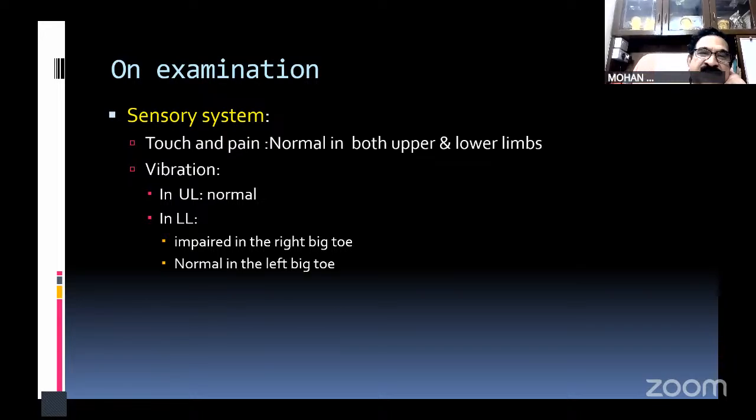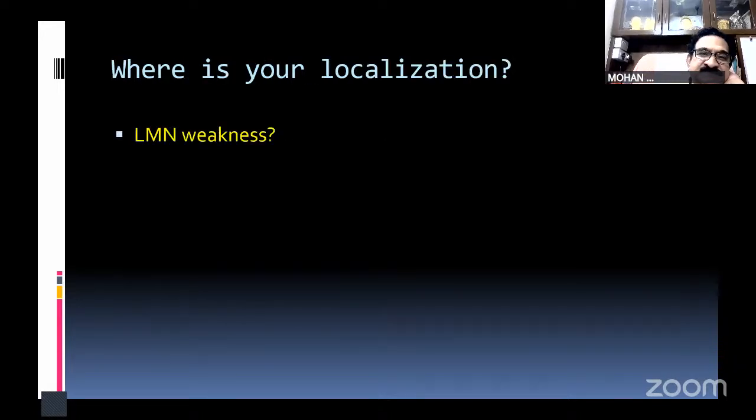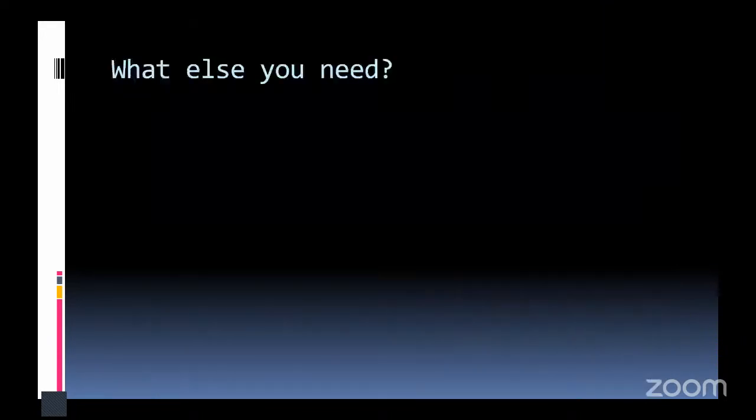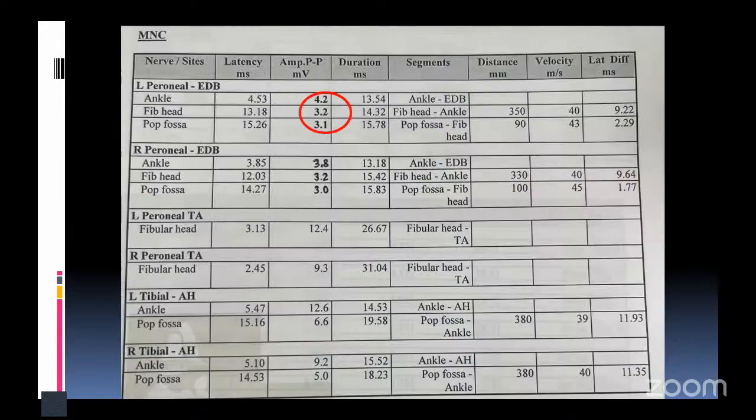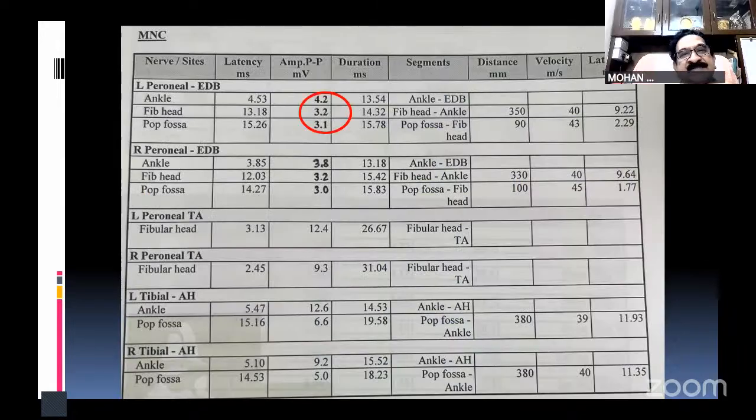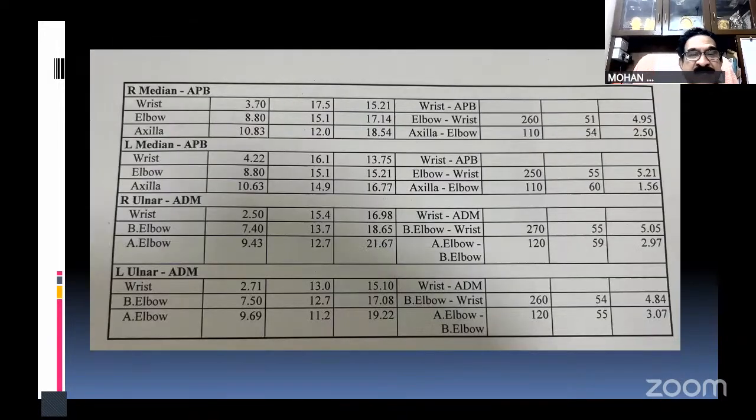Okay, what investigation do you want? Nerve conductions. So nerve conduction, the peroneal amplitude is decreased bilaterally, but not much. It's 4.2 and 3.8. TA pickup is good. Upper limb conduction is normal.